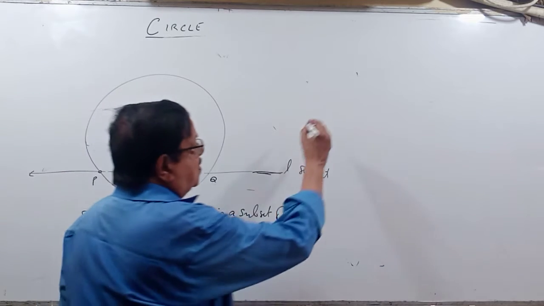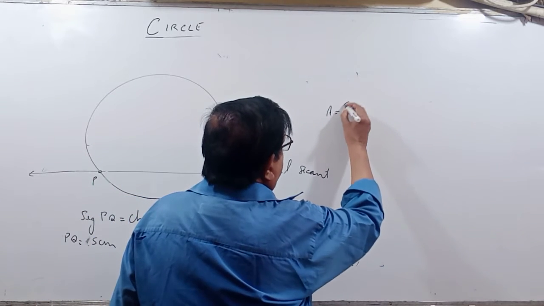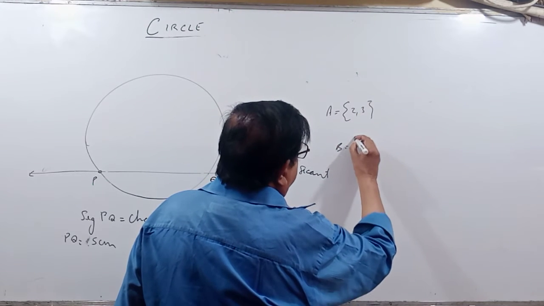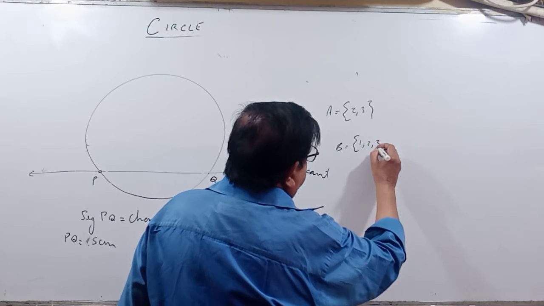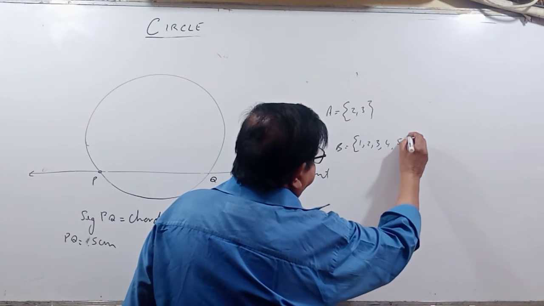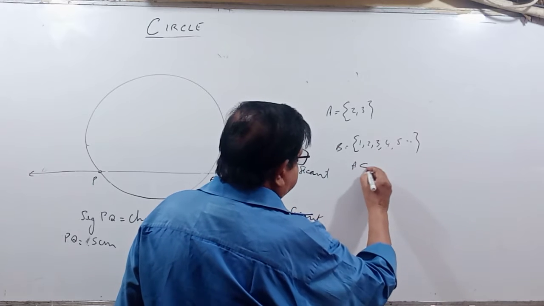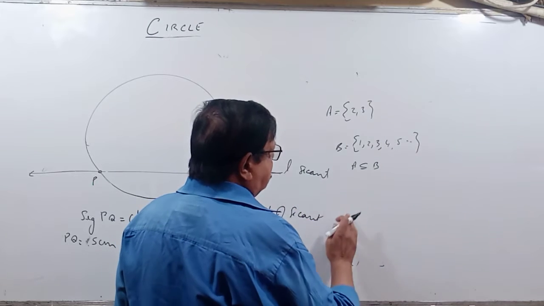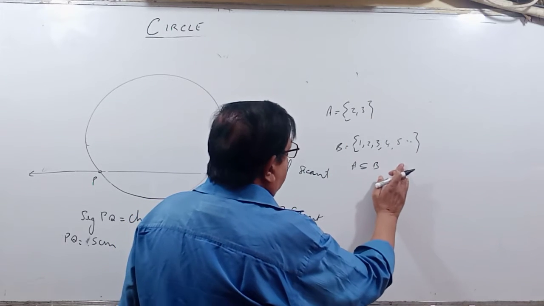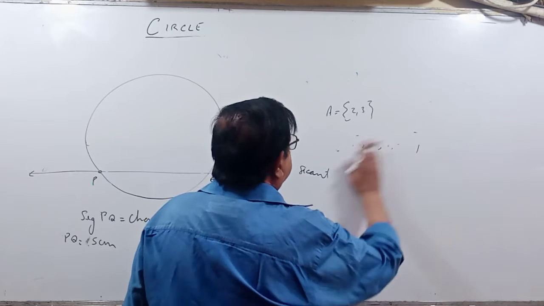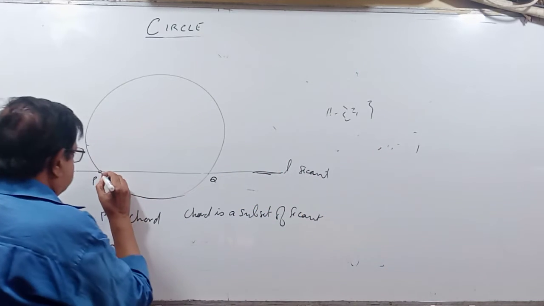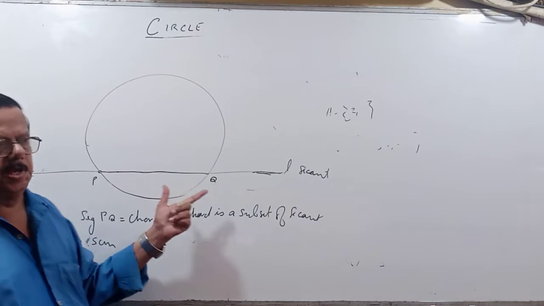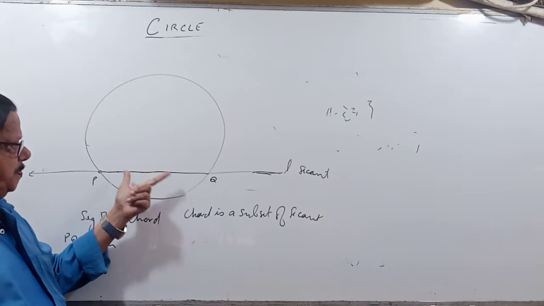See, in set theory, if A has got 2 and 3 and B has got 1, 2, 3, 4, 5, etc., we say A is a subset of B. A is a part of B. We studied that in the first lesson of algebra. Similarly, this chord here is a subset of secant. It's a part of the secant.